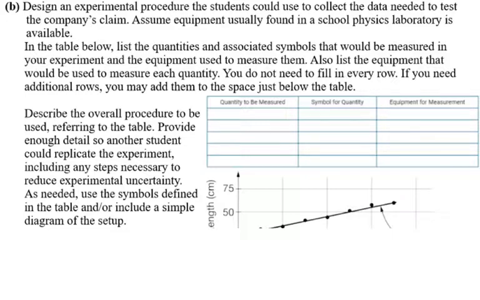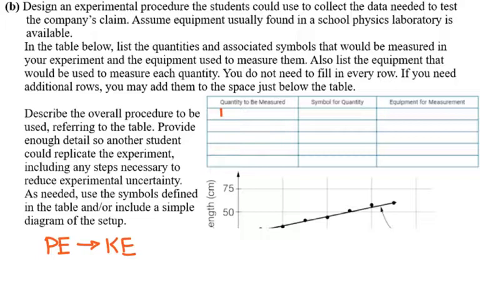So there could be different ways to set up this experiment. As we said earlier, you could use potential energy transfer to the kinetic energy. So the equipment you would use is the ruler.